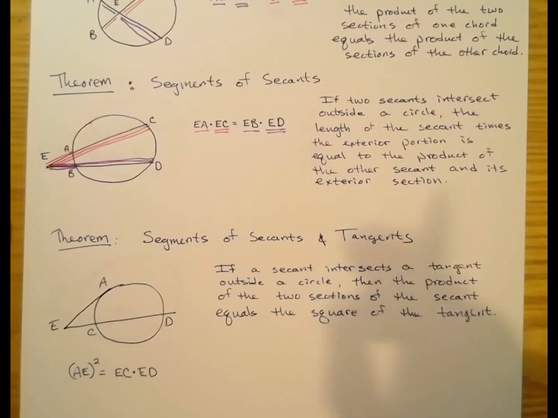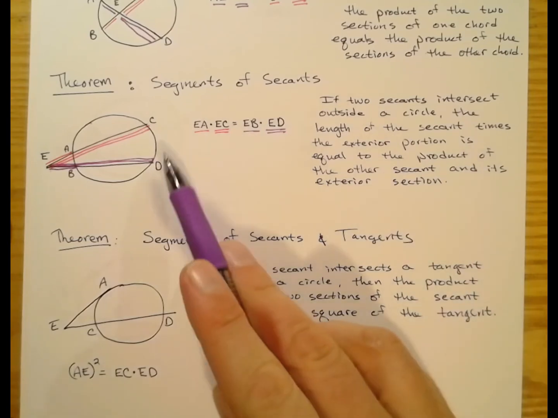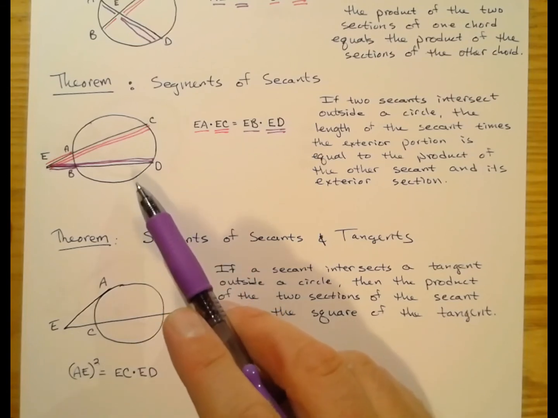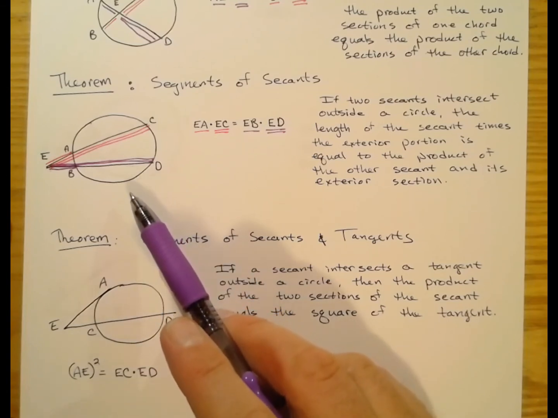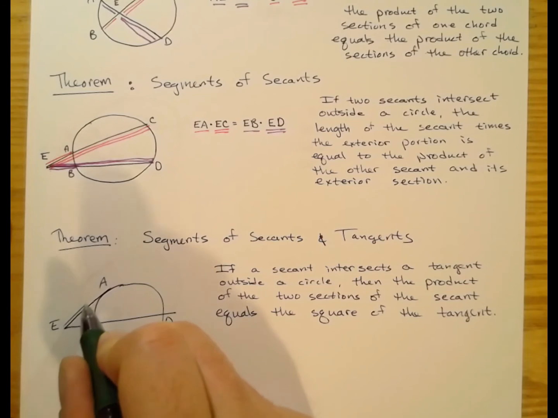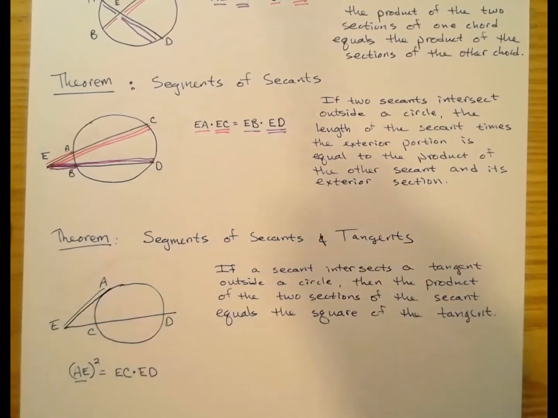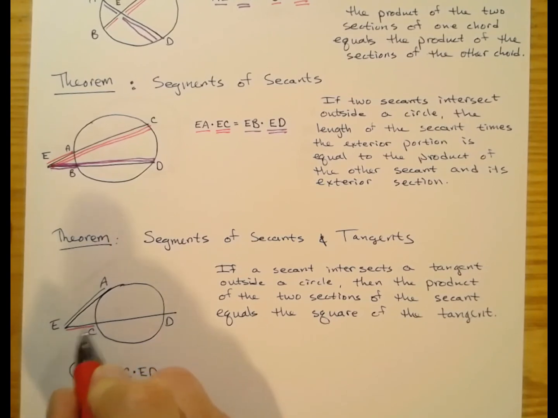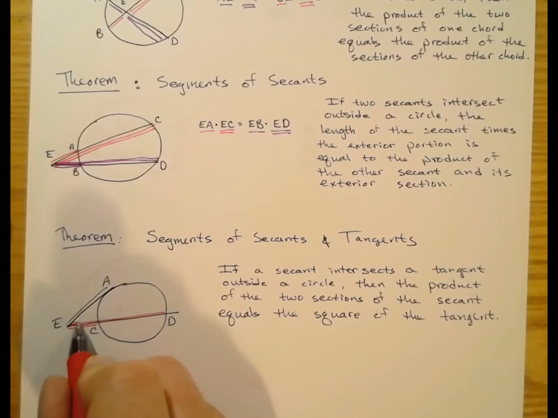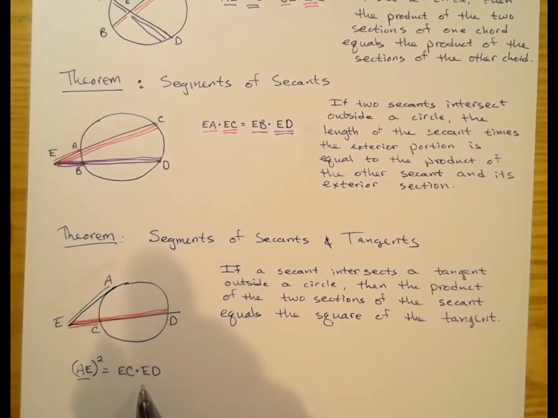And the third theorem is pretty much the last theorem we just looked at, only if one of the segments is a tangent. Here, the tangent squared is exactly equal to the product of the exterior part of the secant times the whole secant.